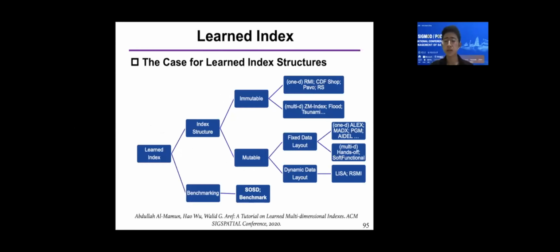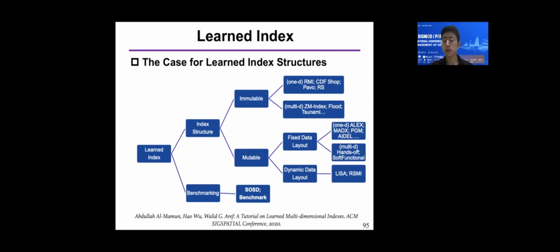In this taxonomy, we can see that current learning-based methods can be divided into immutable learning indexes and mutable learning indexes. For the immutable learning indexes, there are one-dimensional indexes like RMI, which is a hierarchical architecture where each model picks another model based on the input keys until the final stage and predicts the position.